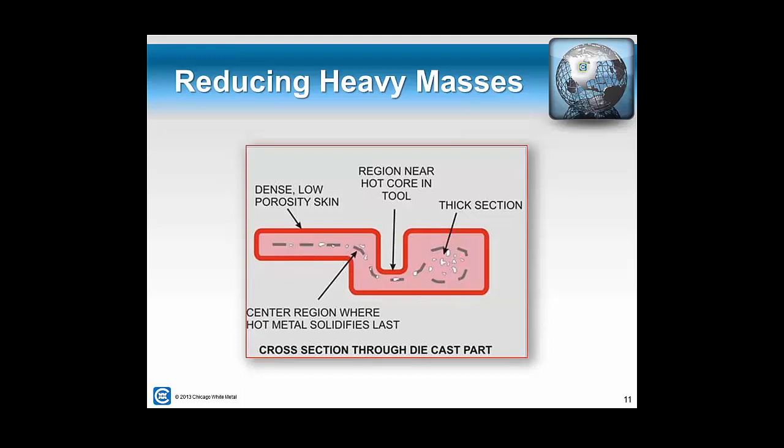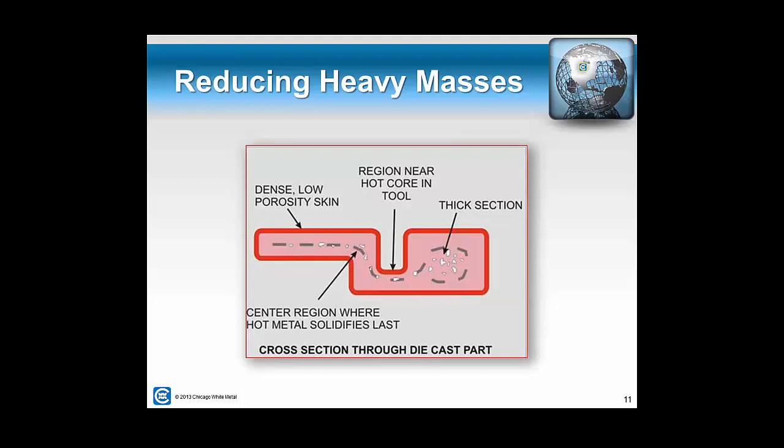The interior section of the casting takes longer to cool and solidify, and that's potentially where you'll see what's called shrinkage porosity form. As the material shrinks and solidifies, you'll have little tiny spaces where porosity will be left. All die castings have porosity.